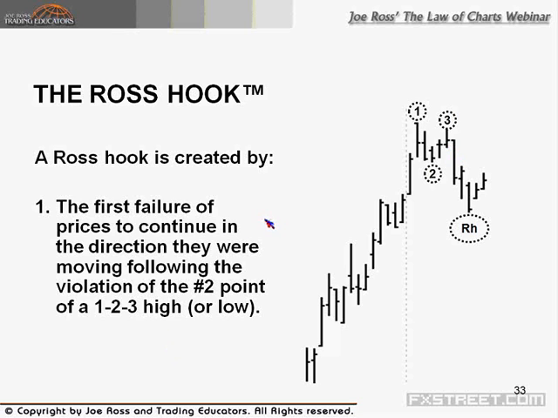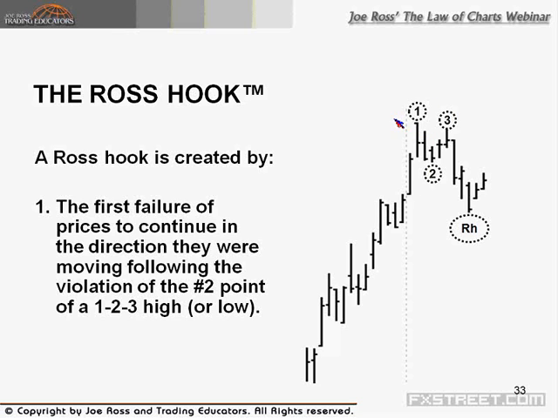Okay, let's look at Rostock. Rostock is simply created by the first failure of prices to continue in the direction where they were moving. In other words, it's quite the same as a 0.1 actually. You see, here we have the Rostock, here's the Rostock, then price moves up again, fails to move higher, and when this bar closes, we've got a Rostock.